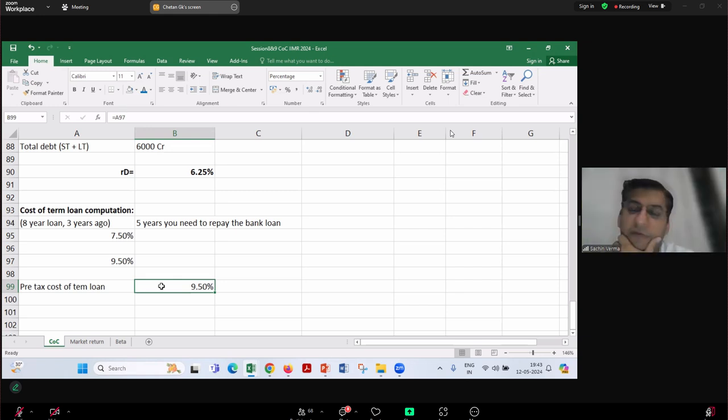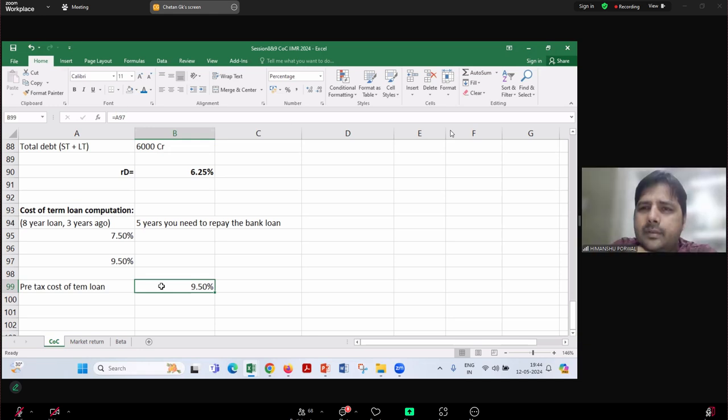And what will happen with the difference of amount? No, I am not paying 9.5%. For the cost of capital computation, I am taking 9.5% only as my cost of funds. I am still paying at 7.5%. Okay, got it.